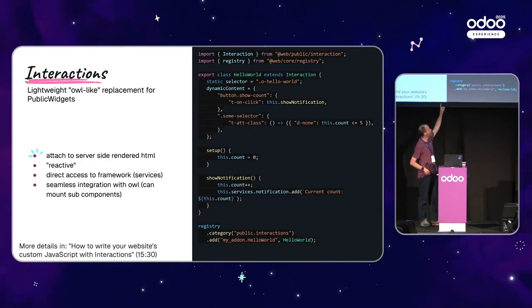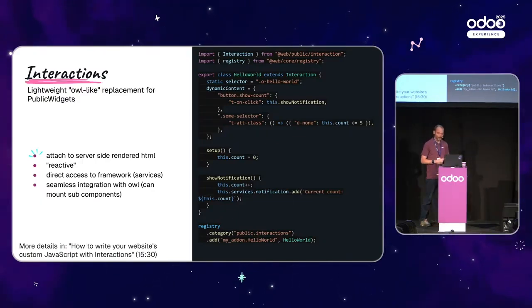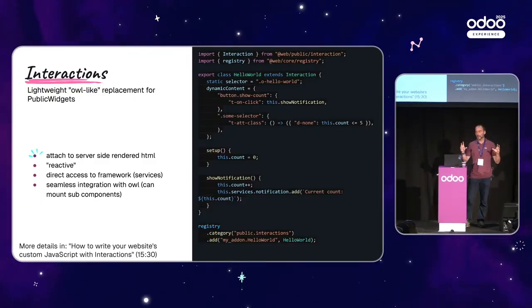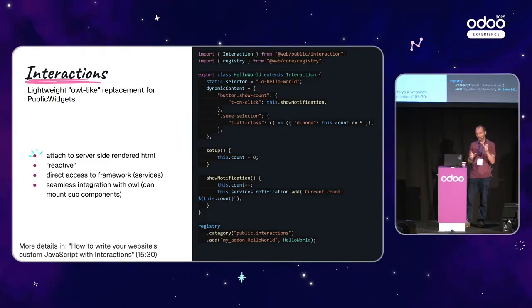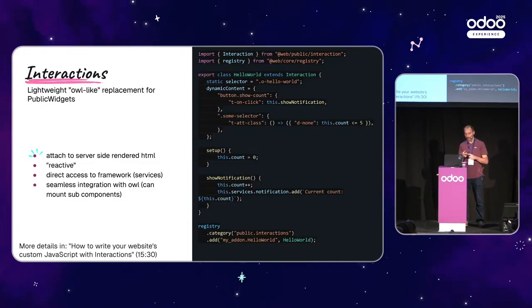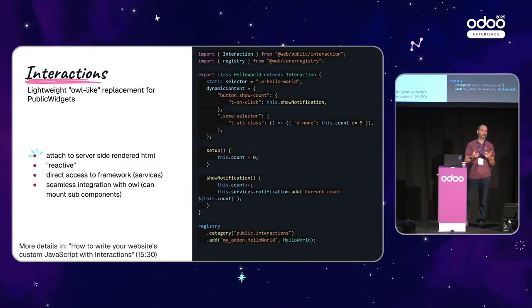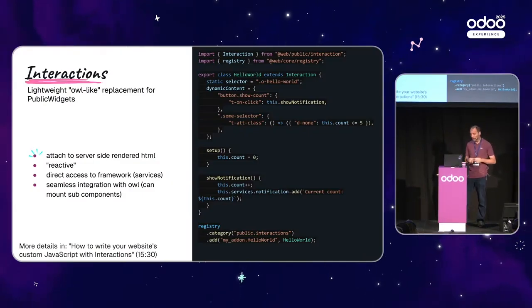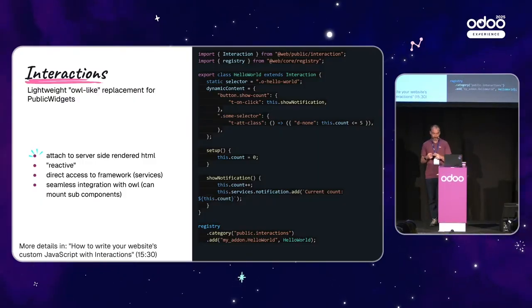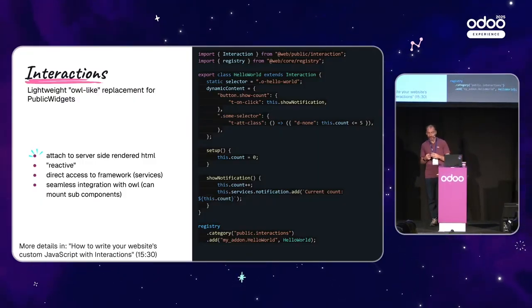You can see that the main key is dynamic content, and this dynamic content key is basically the equivalent of a template. This is the set of selectors that we can target, and we can apply some rules on that. We can add event listeners, so this replaces the events key from public widgets. We can add dynamic attributes, we can add content, we can add sub-OWL components if you want to.